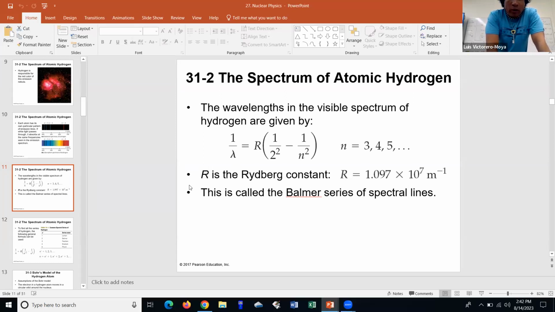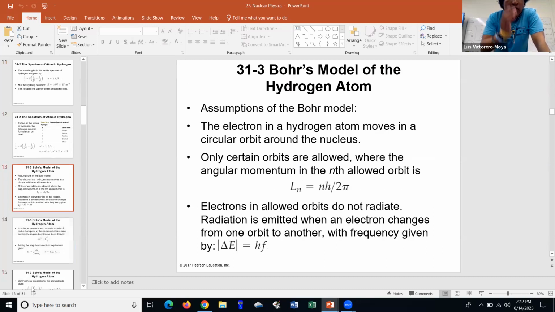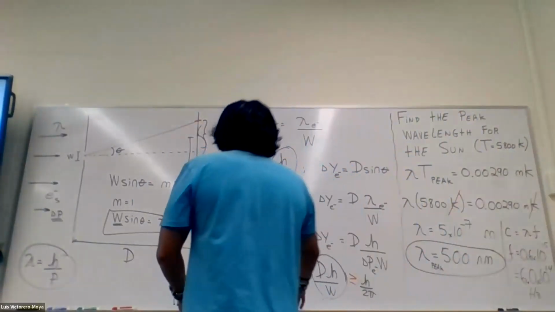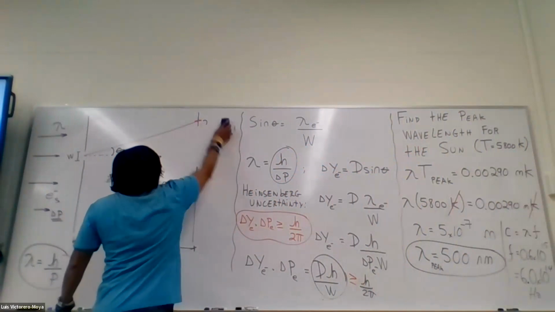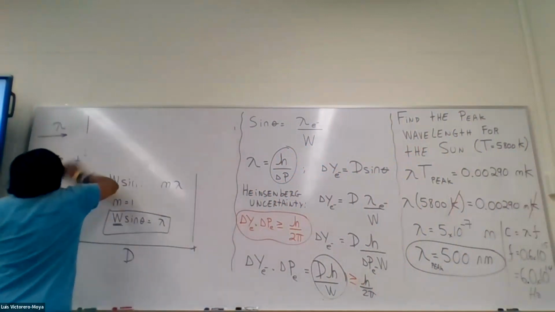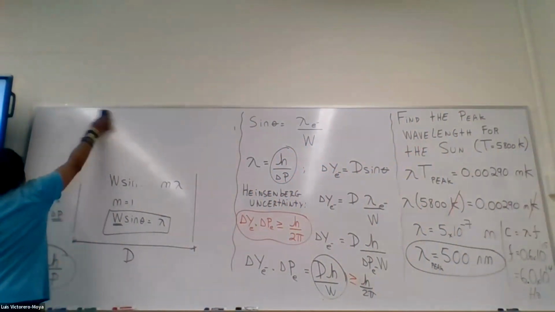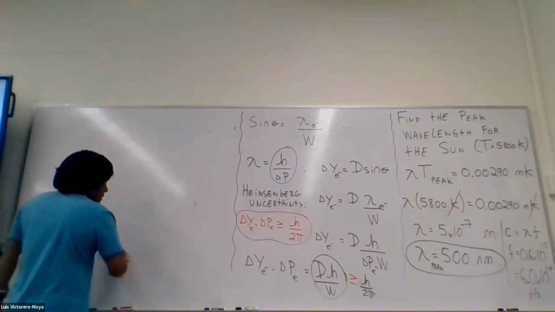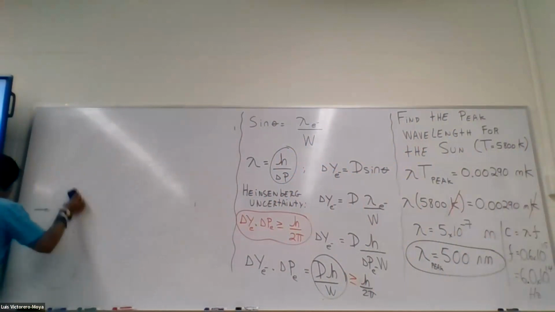So we have this, and then we also have the Bohr model of the atom. All right. So the Bohr model of the atom, and we are gonna almost finish with this, allows you to find the distance between the electron and the proton.